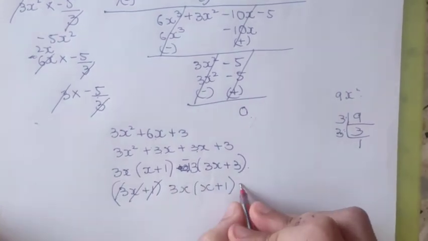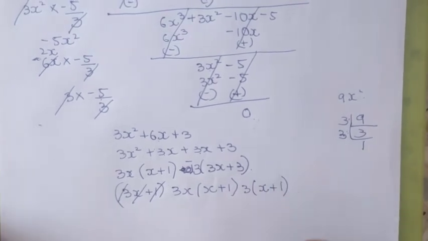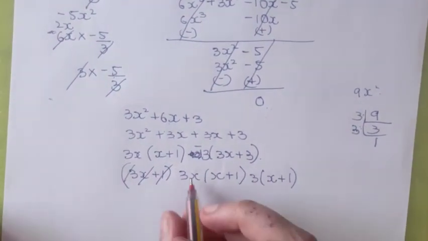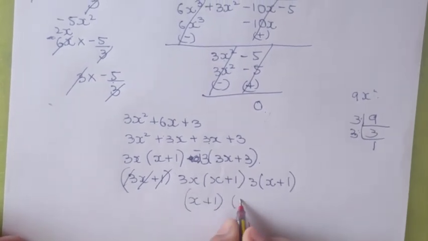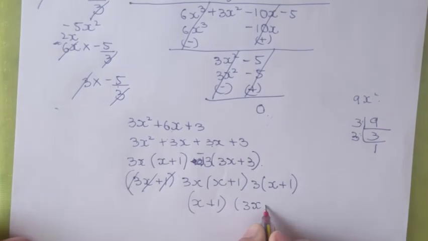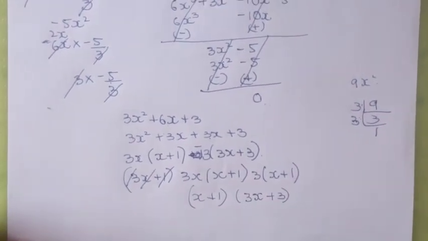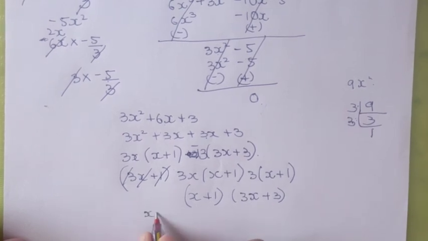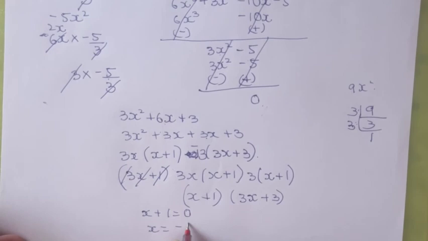Taking the common factor, that becomes x plus 1 and 3x plus 3. So these are the factors we got. x plus 1 is equal to 0, so x is equal to minus 1.